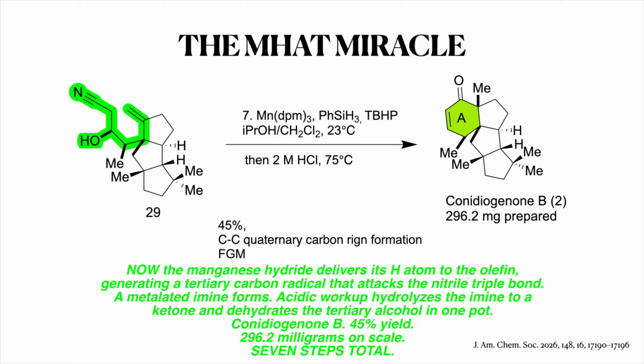A methylated imine forms. Acidic workup hydrolyzes the imine to a ketone and dehydrates the tertiary alcohol in one pot. Conidiogenone B, 45% yield, 296.2 milligrams on scale. 7 steps total.